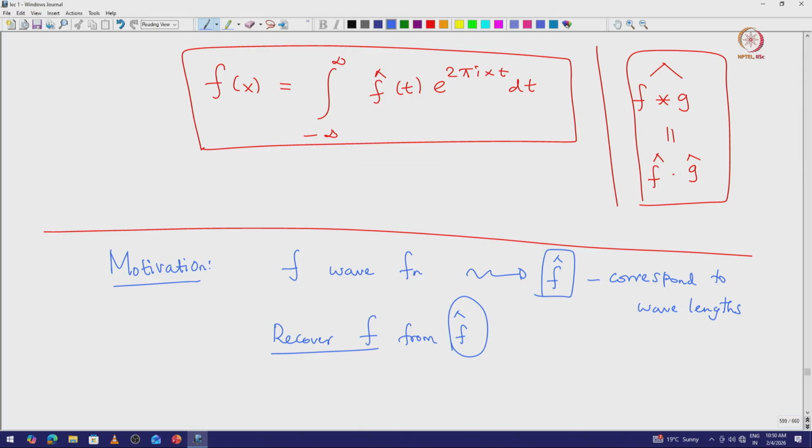More or less approximately we get the close enough wave function which is good enough for us for all practical purposes. So, the Fourier inversion is exactly used to go back from starting with wavelengths to this wave function.